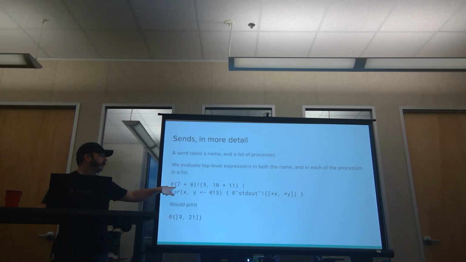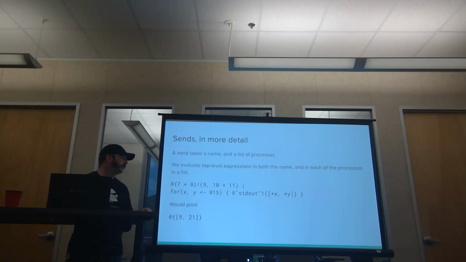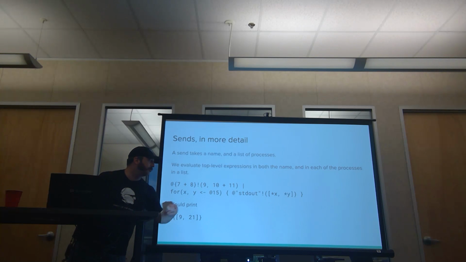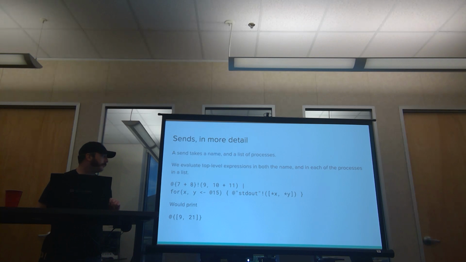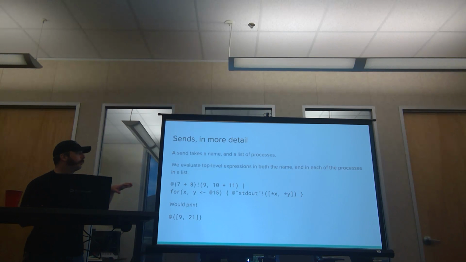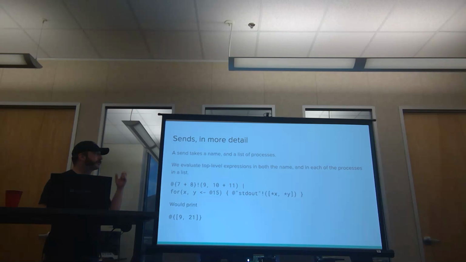So here's a send. We're going to quote this process, 7 plus 8, and we're going to send the values 9 and 10 plus 11. At top level, you'll see what I mean by top level in a minute, top level expressions in general don't get evaluated.